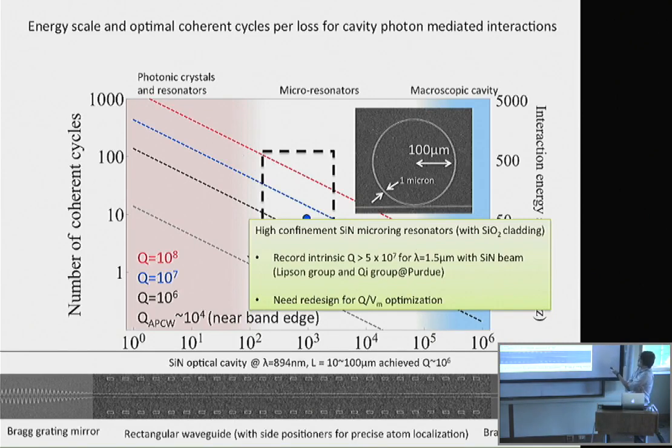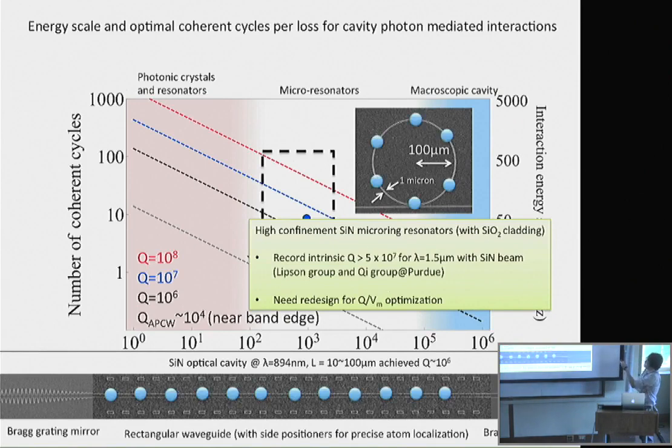The record intrinsic Q that's been fabricated can reach about 50 million. The expected limit in the telecommunication band is more than 100 million. So this is something very interesting, but of course, we need to redesign it for Q over V optimization.